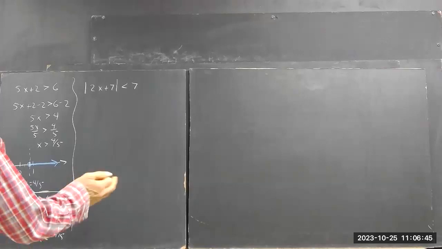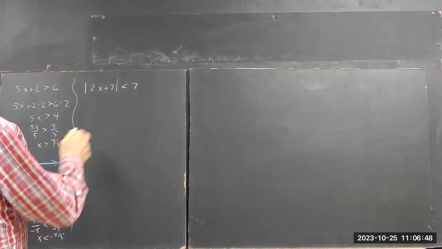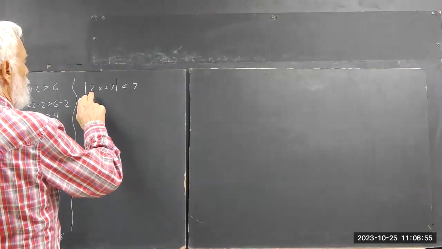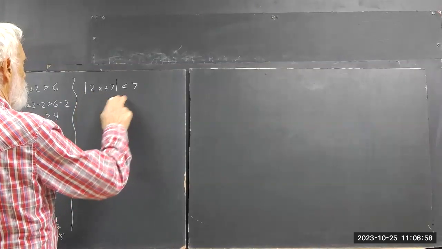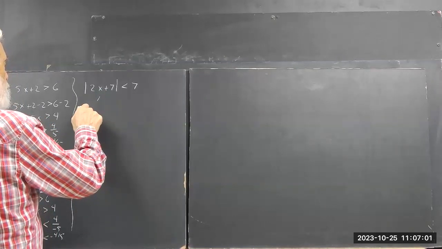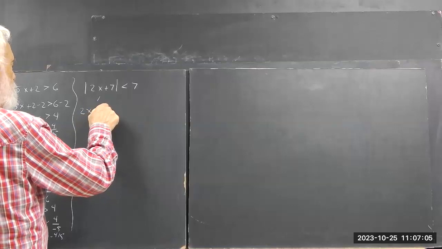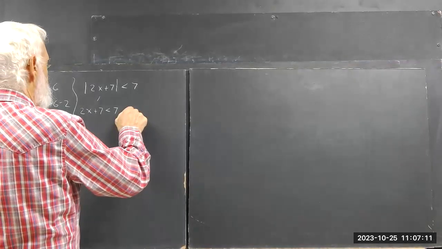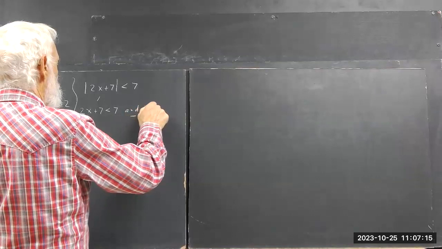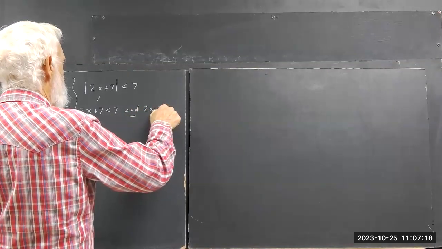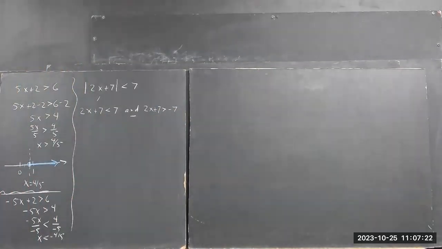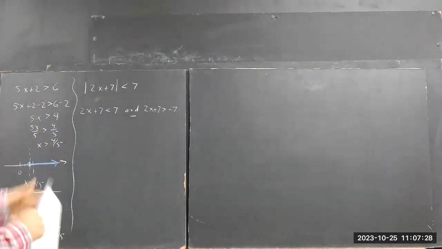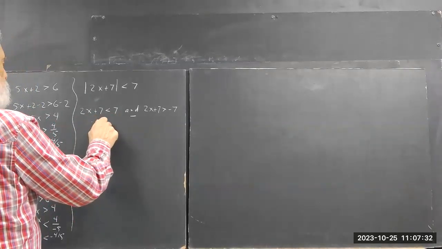Well, the inequality is true as long as the absolute value of this quantity is less than 7, and that's going to occur as long as 2x + 7 is less than 7, and 2x + 7 is greater than -7. Both of these have to be true.